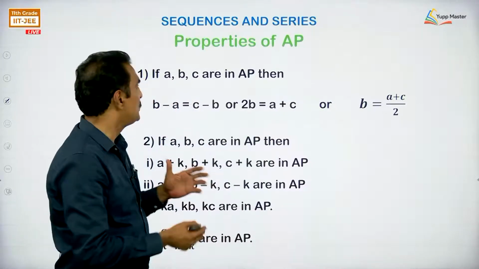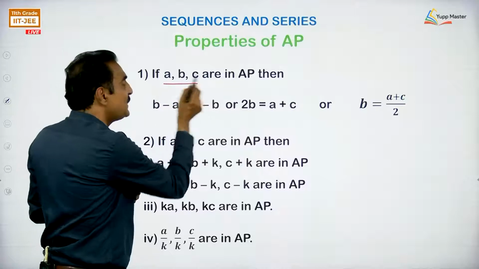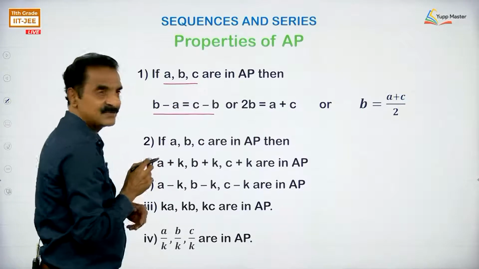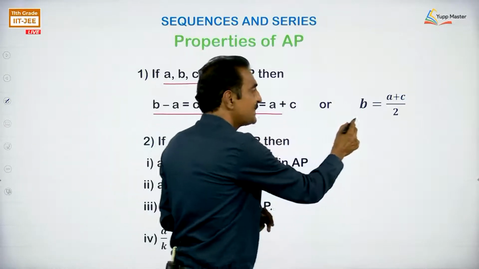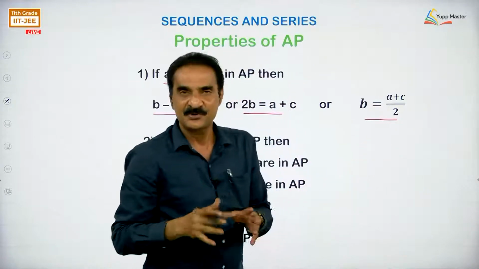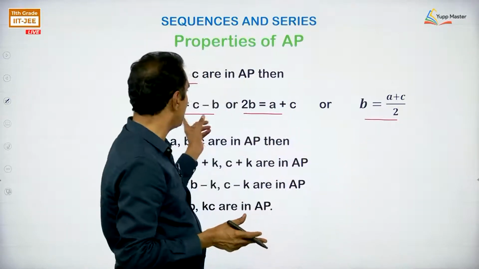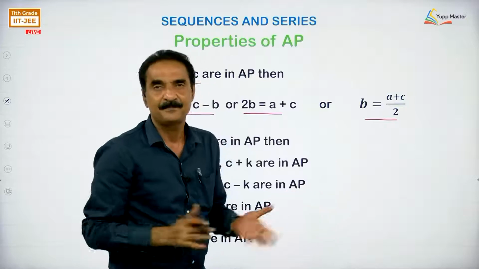Okay. So, if A, B, C are said to be in AP, sometimes we write this, sometimes we write this, depending on the question. Only for calculation's sake we write different forms, all are the same.